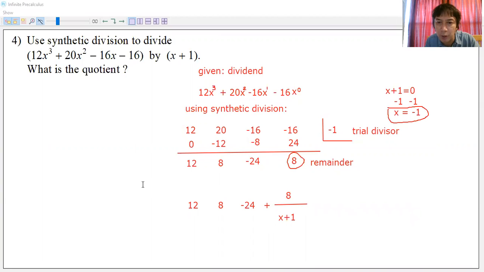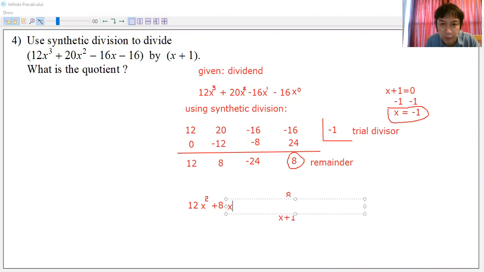Okay, these coefficients 12, 8, and -24, you have the 12 for the x squared. So here you write x squared. Okay, this is squared there. And then, of course, it will be followed by positive 8. So it's plus, and then you have there the next term, x to the first.